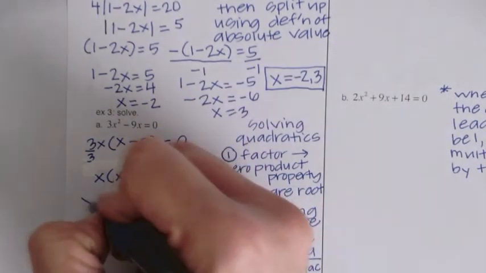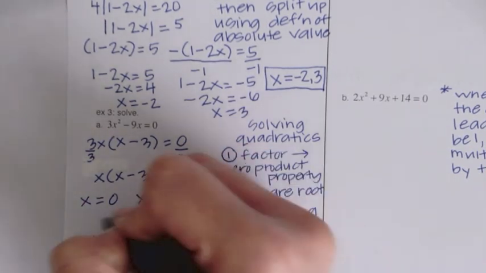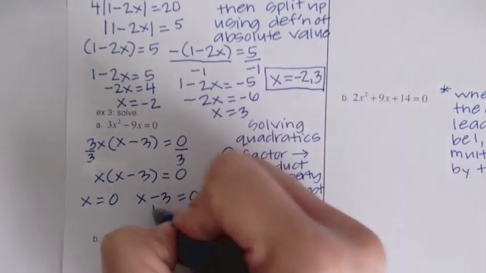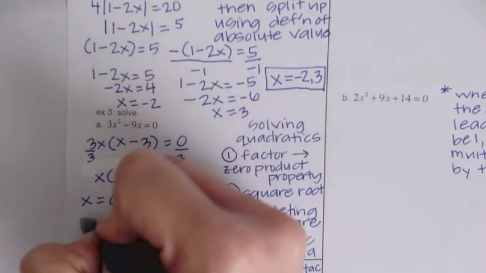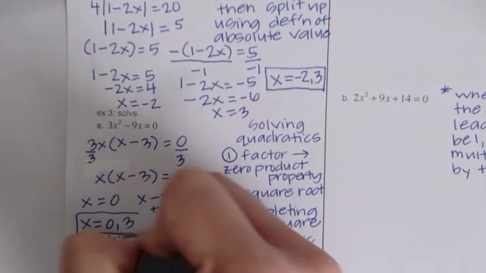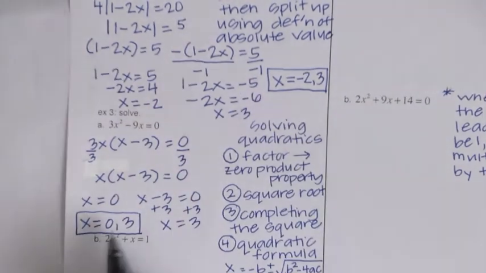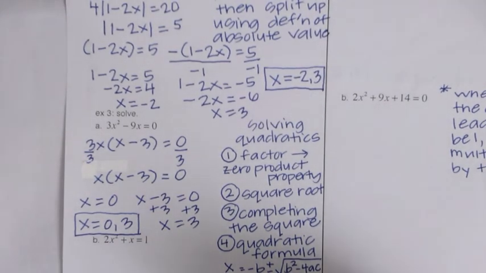And then we can do x equals 0 and x minus 3 equals 0. So we get x equals 0, and then add 3, and x equals 3. So in concise form, we have 0, 3. Typical math form is to put this in order from least to greatest. If you don't do that, you won't be marked wrong, but it's nice to get in that habit.